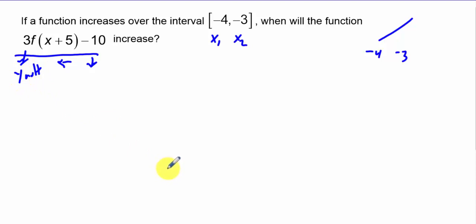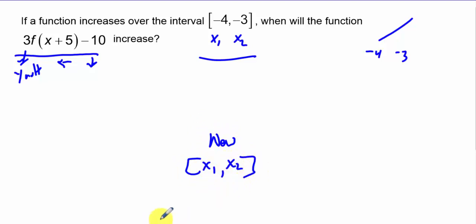All right, and I want to know, when will this increase? And I need an interval. So really all I'm looking for is two x values, a new x1 and x2 value. Which means I don't even need to concern myself with the y value unless, of course, there's a negative here, which would flip this, which would mean anything that did increase is now going to decrease.